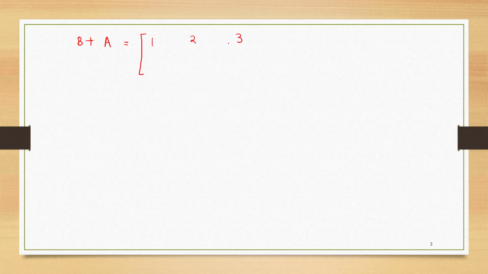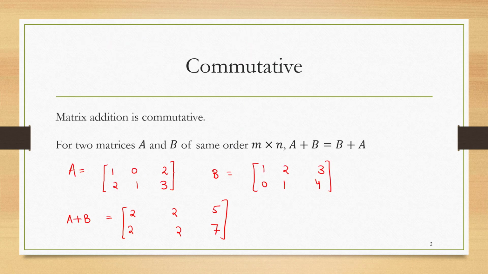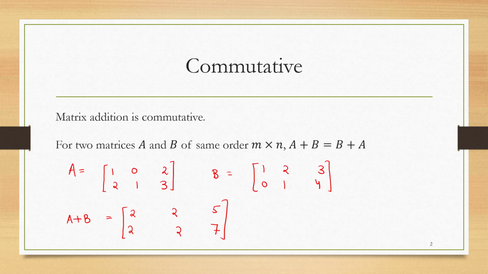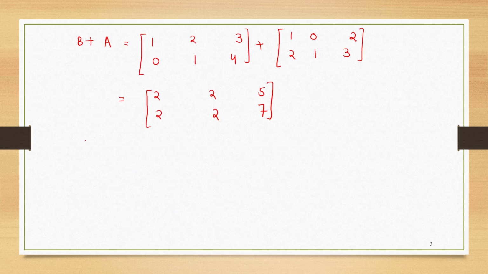So it is 1 2 3, 0 1 4 plus A, which is 1 0 2, 2 1 3, and we get 2 2 5, 2 2 7. So here you see A plus B is 2 2 5, 2 2 7, and B plus A is also the same. So we get A plus B is equal to B plus A.